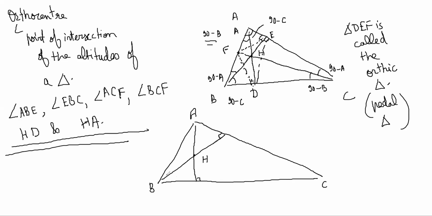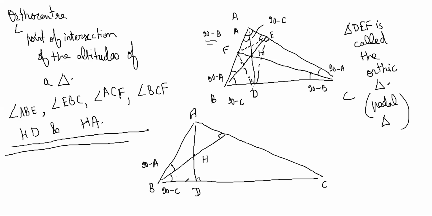So we got that this angle is 90 minus C, and this angle was 90 minus A. So now this is BD, right? So first let's find out what BD is, in terms of the sides and angles of the triangle.